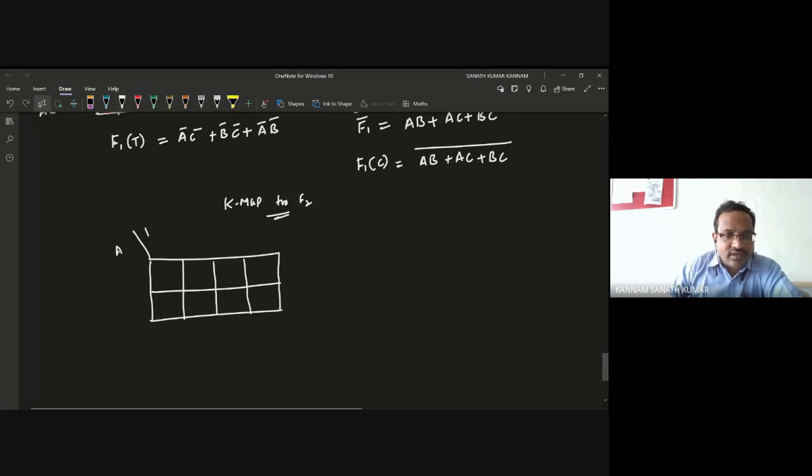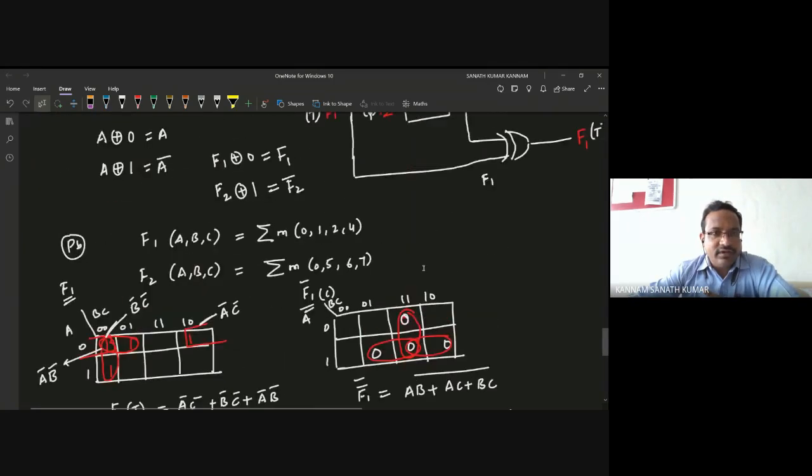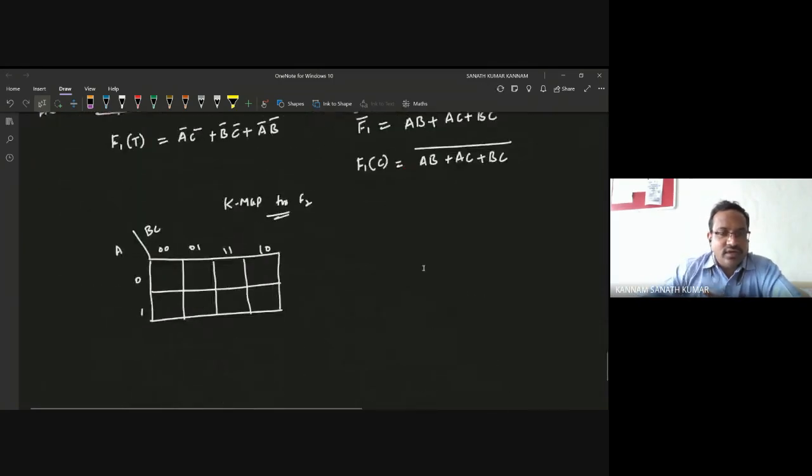This is A and this is BC. So this is for F2. What is F2? 0, 5, 6, 7. So this is 0, 1, 2, 3, 4.